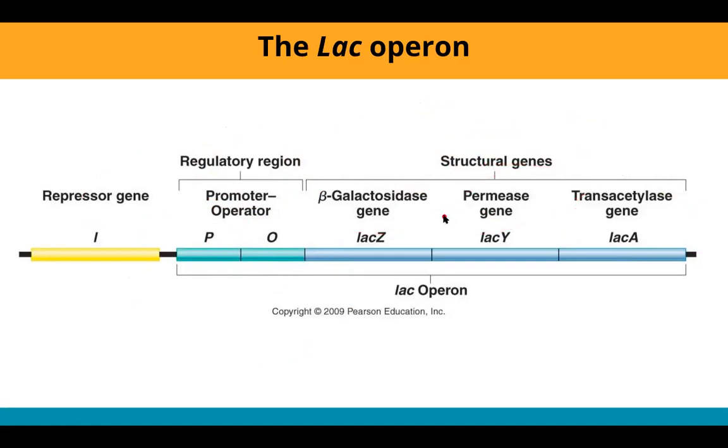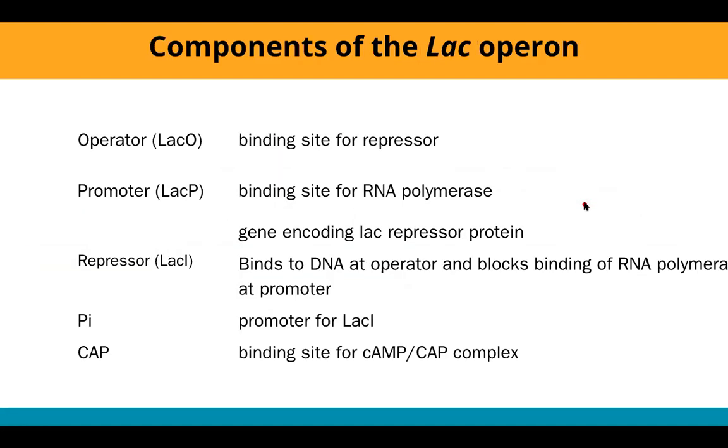For the structural genes, we have lacZ, lacY, and lacA: ZYA. LacZ codes for beta-galactosidase, lacY codes for permease, and lacA codes for transacetylase.